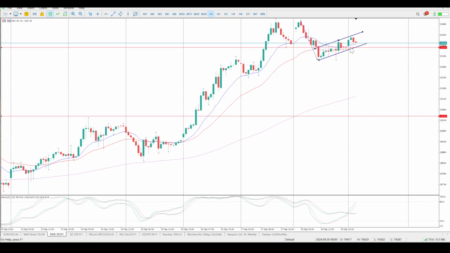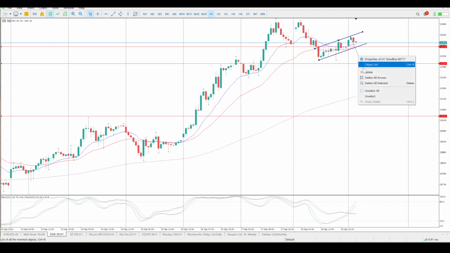And that's the first move. And then what you want to do, get it off the top. Not really too keen about targeting those areas, but I would target that area. So 19,300.